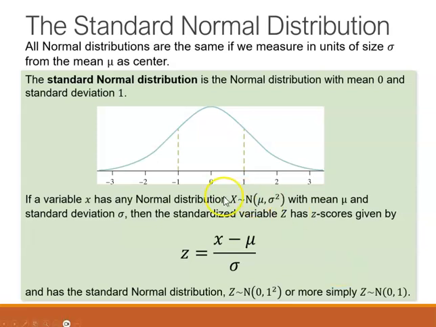As I mentioned before, if I take every value in a normal distribution and calculate the z-score, the resulting distribution is called a standard normal distribution. So that word standard there means a lot. It's going to tell you that the mean is always going to be 0 and the standard deviation is always going to be 1. Everybody okay there?